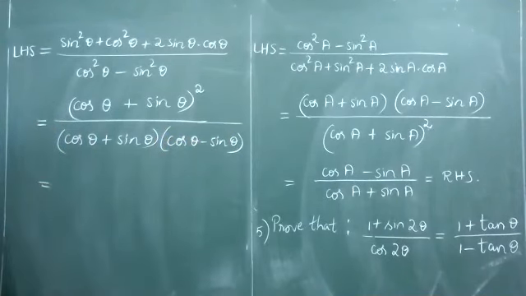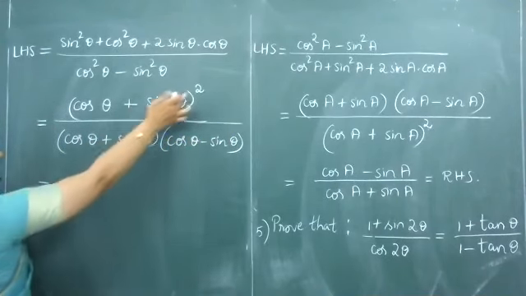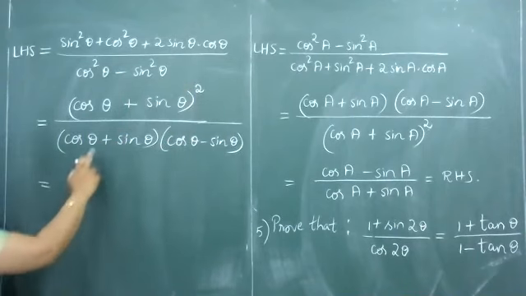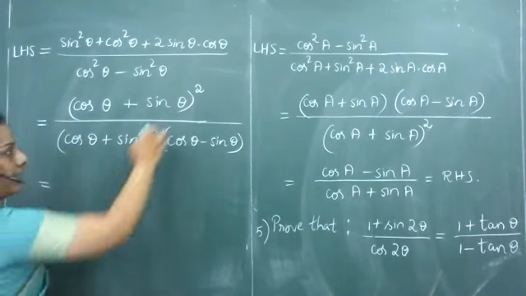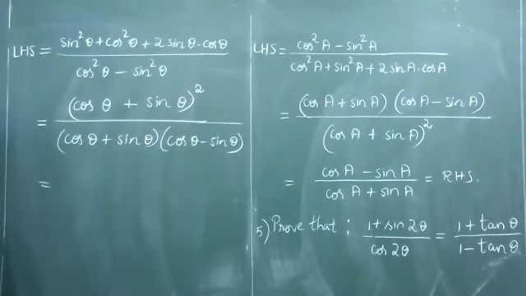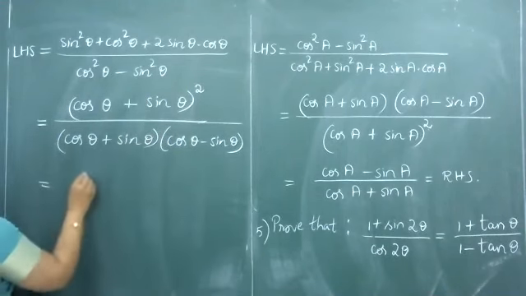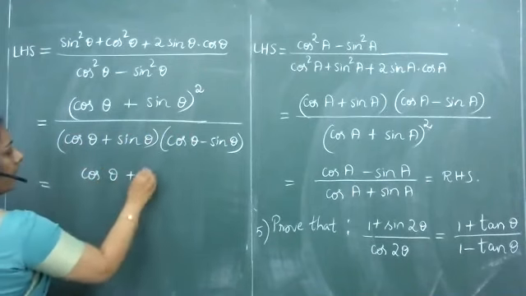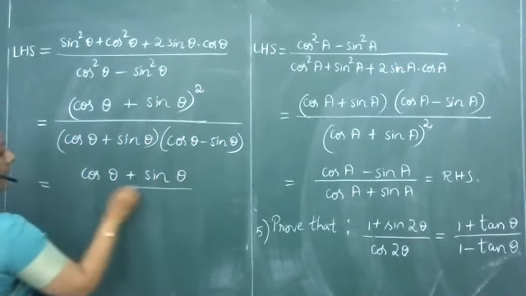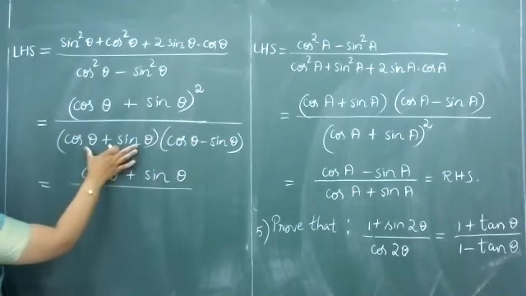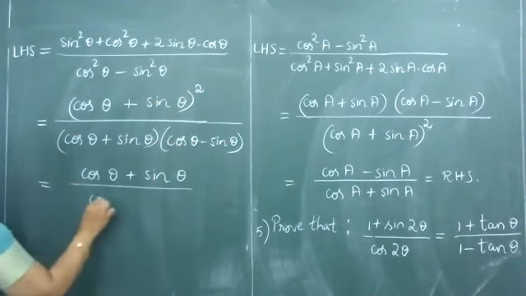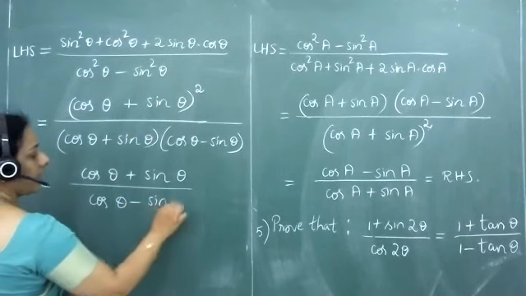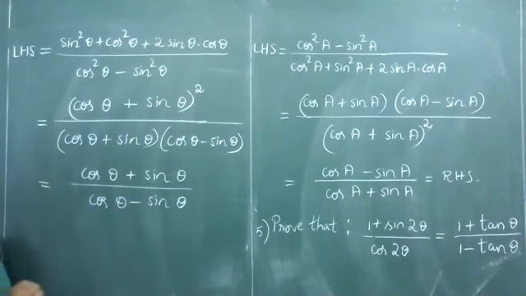Now further, what do we observe? Cos theta plus sin theta the whole square in the numerator, cos theta plus sin theta single factor in the denominator. I can eliminate one factor here, so that we will be getting cos theta plus sin theta in the numerator. Remember, here this term is eliminated, and so we have only cos theta minus sin theta in the denominator.